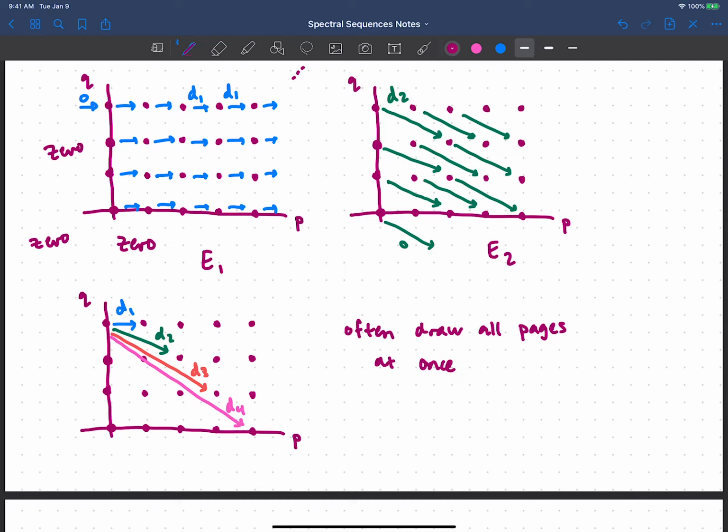And you have to be really careful when you do that, as I said, because actually the module has changed each time. Okay, so maybe let me just circle that one and say this spot, we say it supports a differential D1 up to D4, but D5 is 0 for degree reasons. And then, of course, forevermore, it's 0.